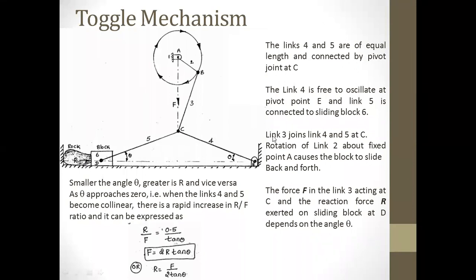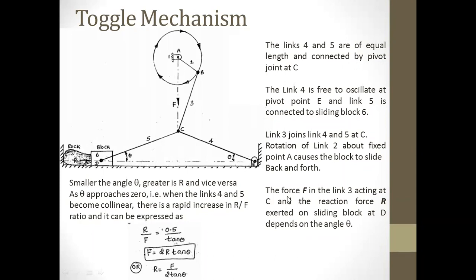Link number 3 joins link number 4 and link number 5 at point C, and the rotation of link number 2, or the crank, about the fixed point A causes the block to slide back and forth. There is an angle theta, which links 4 and 5 make with the horizontal.